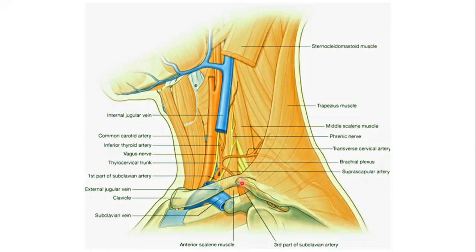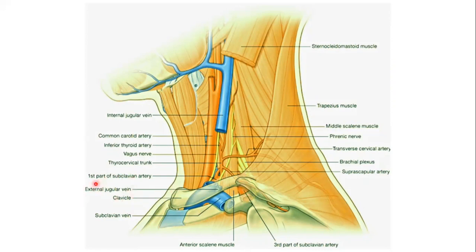This is emerging and going up. So this is the third part of the subclavian artery, and its branches are already enumerated in our table. This is one very important artery in this part of the posterior triangle.